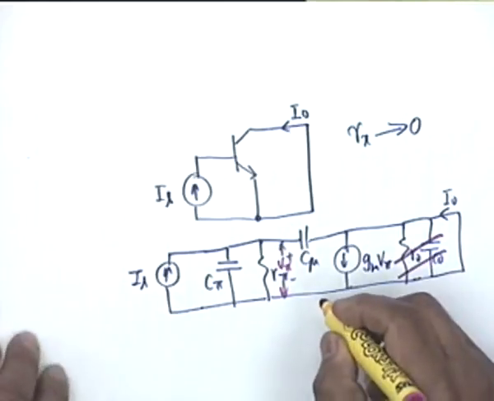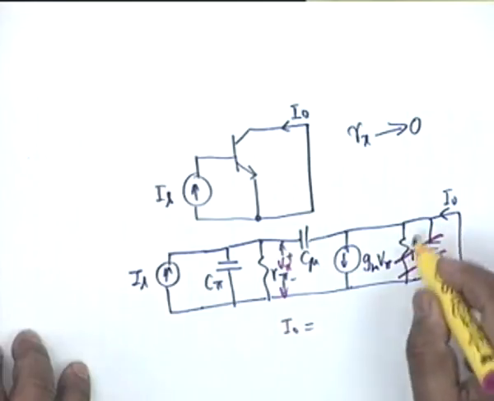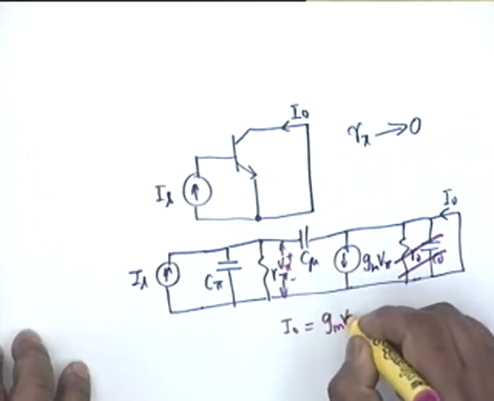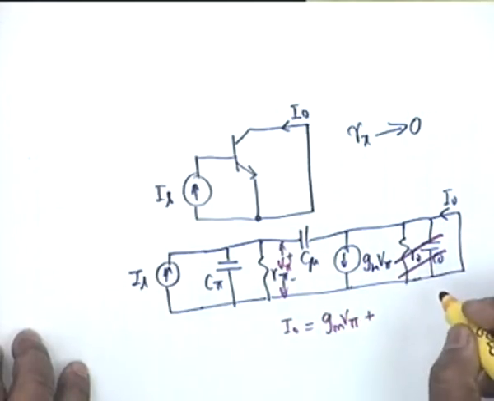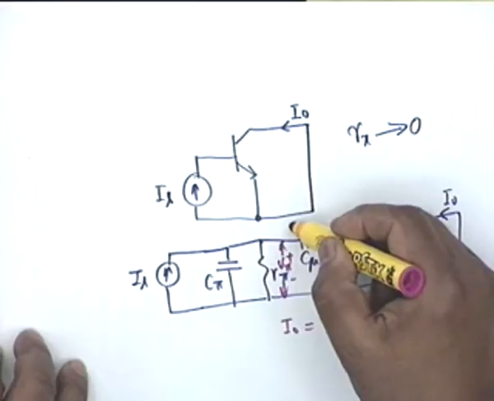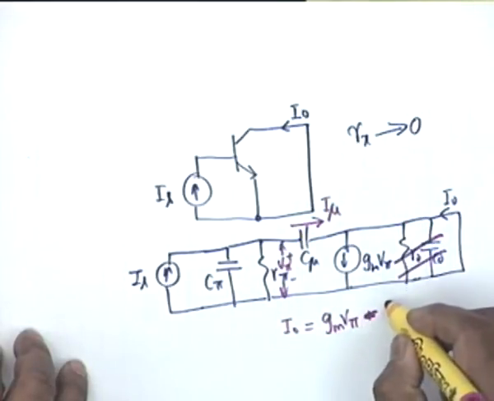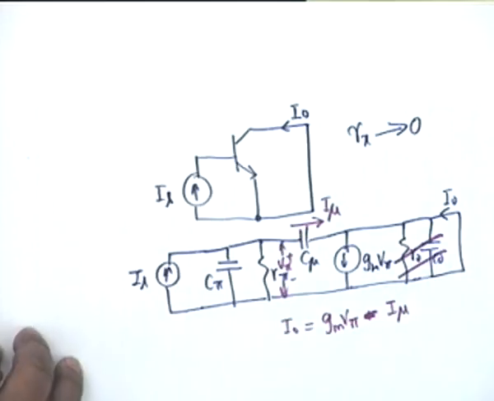Therefore, I0, this short circuit current, would be equal to gm V pi plus the current through C mu. Let us call this I mu; this will be minus I mu, agreed?